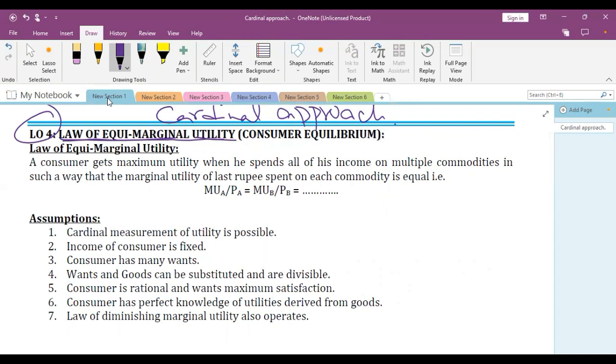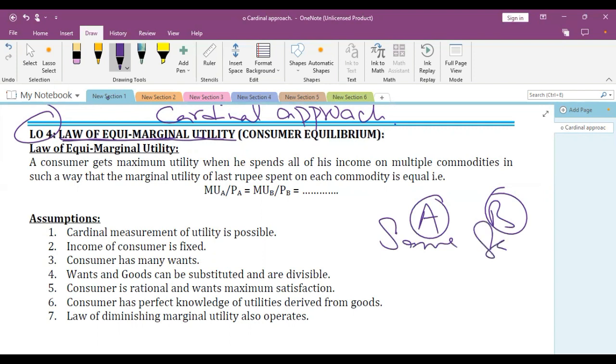For example, if there are two products in the market, product A and B, and both give the same level of satisfaction, so you can decide on any one of them for consumption purposes. This law says the same.